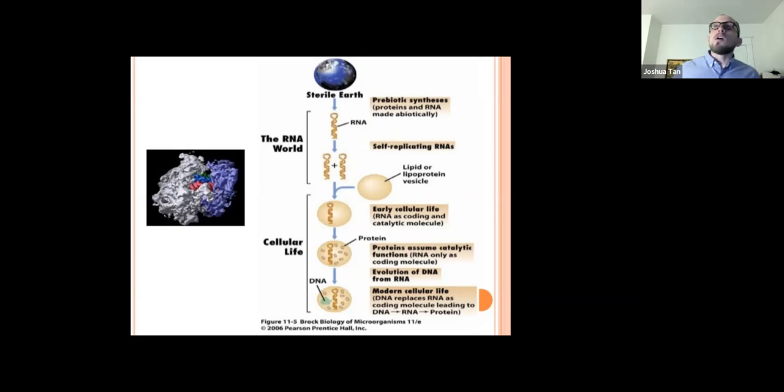At some point, RNA no longer has all of the roles that it once did. The replication of the genetic material is done by DNA. The different chemical reactions that occur inside the cell are mediated by proteins instead of RNA. But RNA is still there, acting as a messenger and moving things around in the cell.